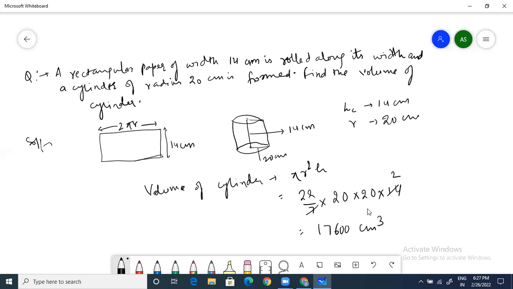In this volume, all you had to do was find out the height here, because the radius was already given to you. And how did you find out? You found out the height by knowing the fact that this rectangle is rolled along its width. That is why this width becomes its height.